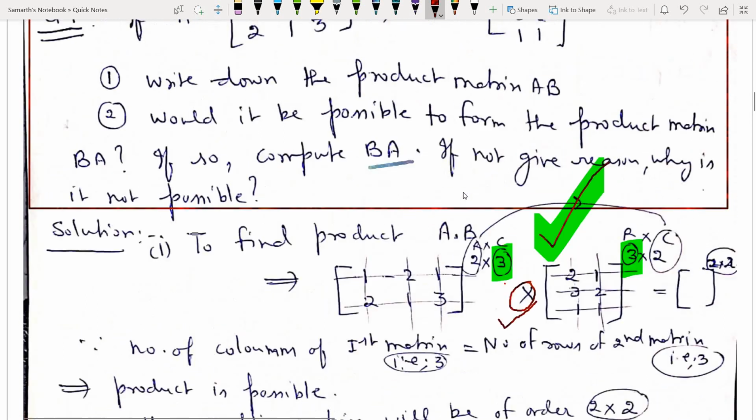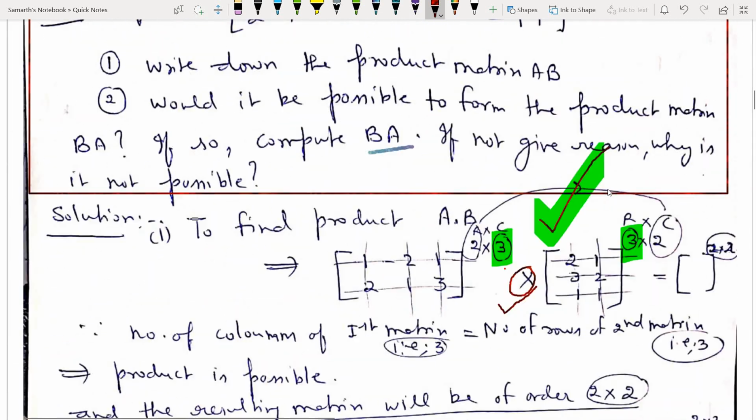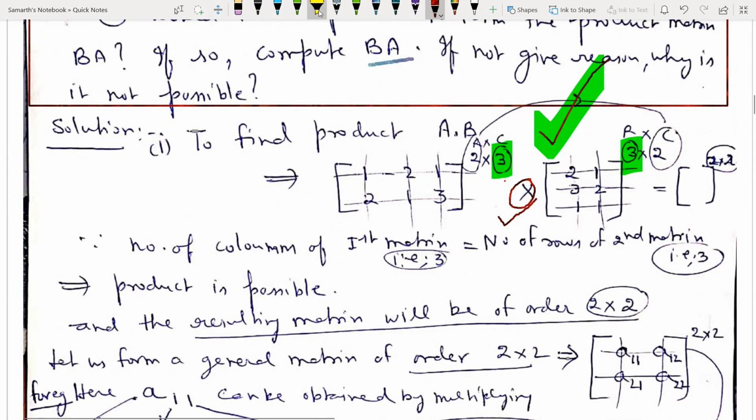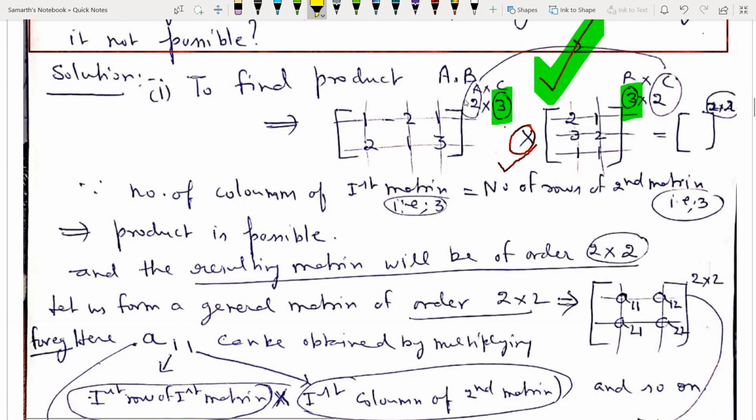Now I told you previously that finding the resulting matrix will be quite easy if you form a general matrix, and the resulting matrix in this case will be of order 2 by 2. I have written over here a blank rectangular bracket.